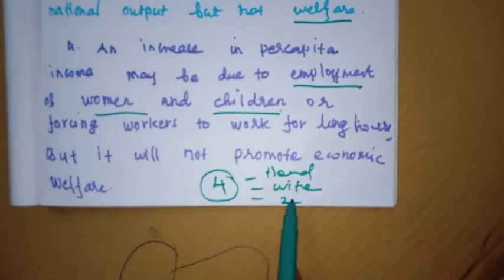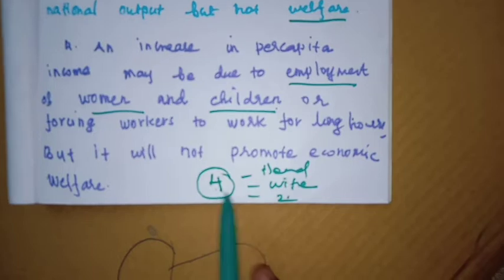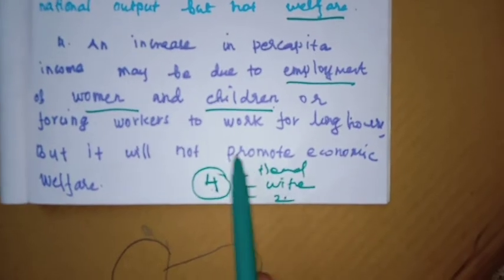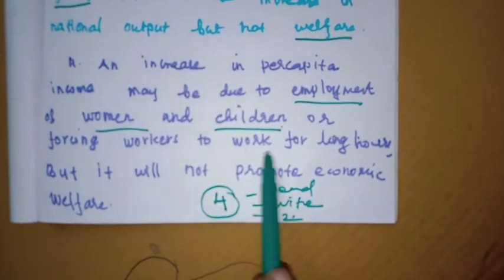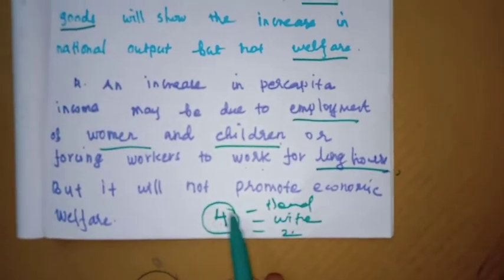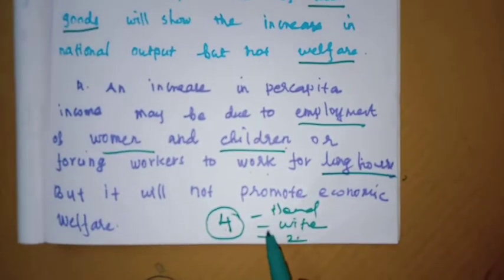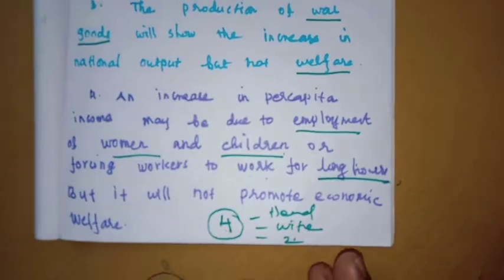They join together, work together and get more per capita income. But the children and women are forced to work long hours, that is overtime, and it will not promote economic welfare. They are affected by sickness or diseases.